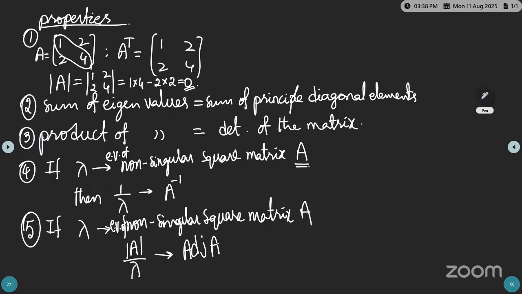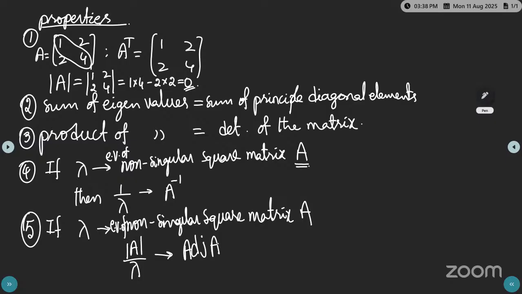Just find the eigenvalues of A and then you just write determinant of A by lambda.